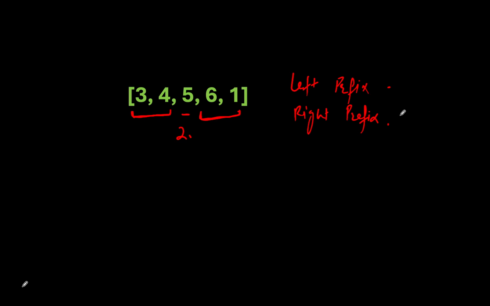Similarly, we'll find the left and right prefix for 6, and for 1. Obviously, the right prefix for 1 will be 1, and the left prefix for 3 will be 1.